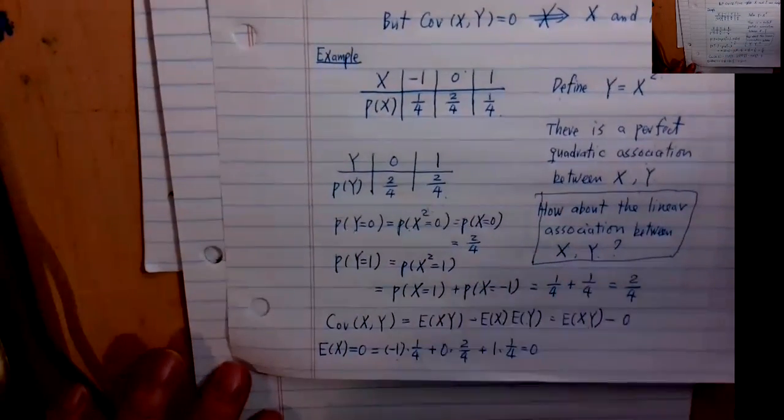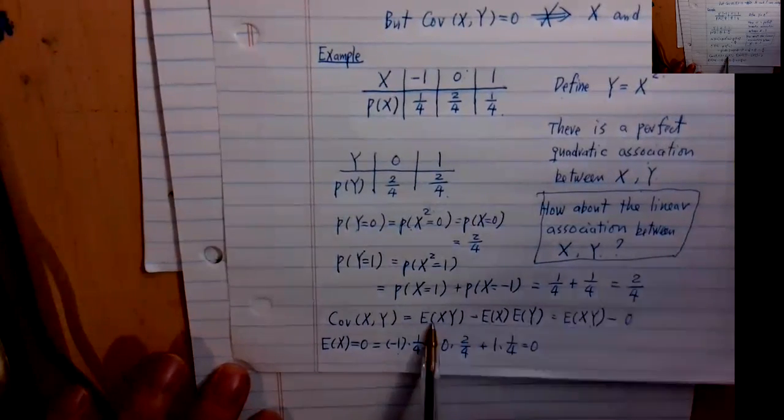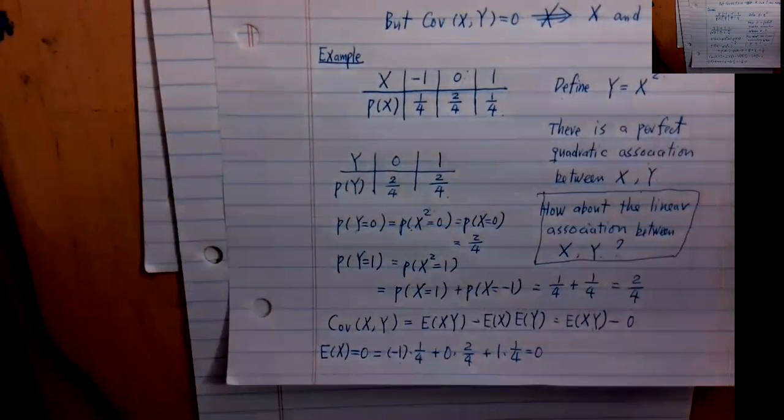Next one we're going to find the expected value of X and Y. This is something we can do using a Q table from your textbook, on page 106.